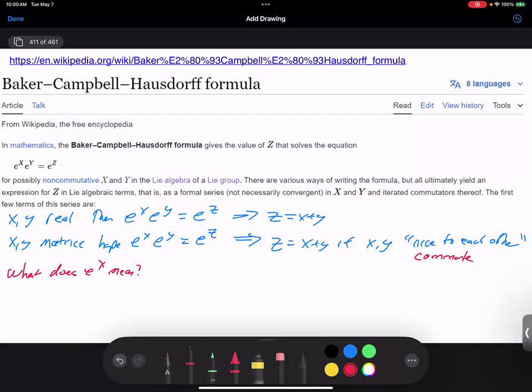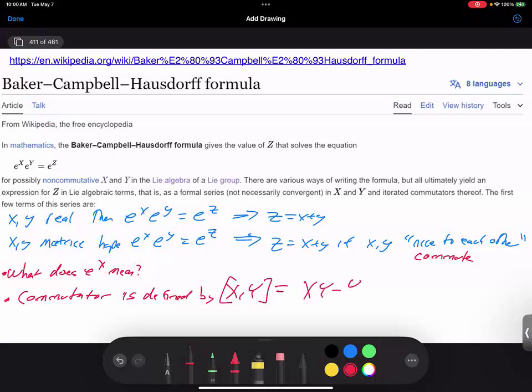So one, we have to figure out what e to the x even means. And two, the commutator of x and y is defined by, you might have seen this before, xy minus yx. If x and y commute, what is this equal to? 0.